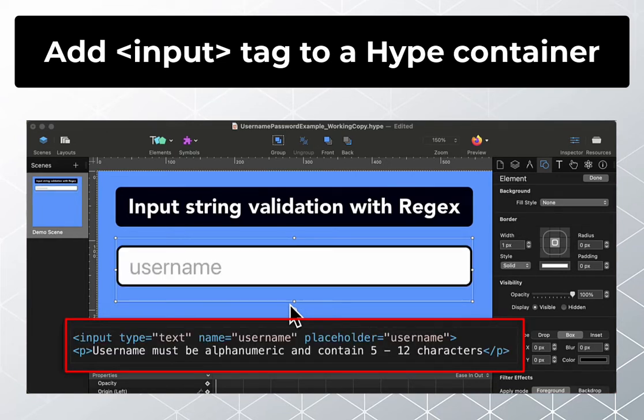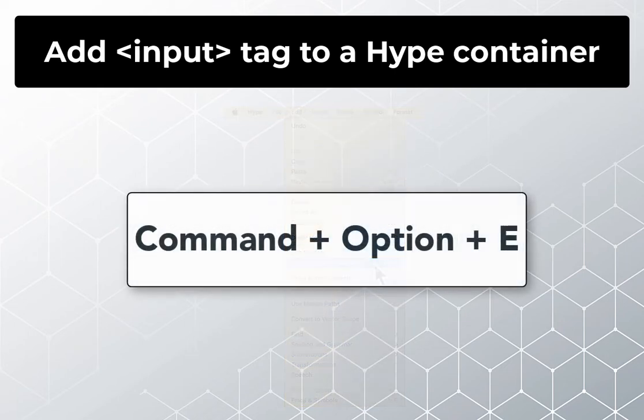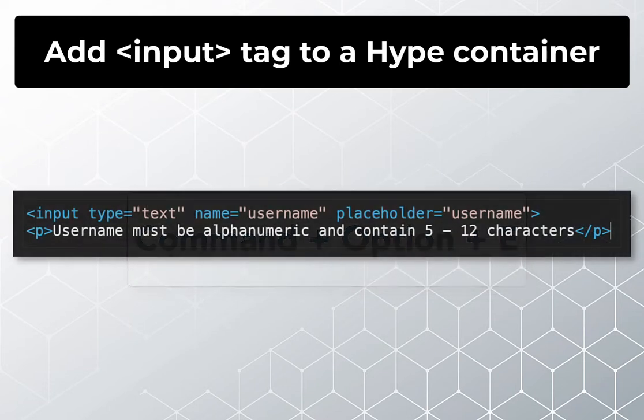The other ways you can access this inner HTML dialog are from the Edit menu, using the option labeled Edit Elements Inner HTML, or by using the keyboard shortcut Command, Option, E. You can see how this code includes both the input tag to set up the text field and some explanatory text enclosed between a pair of p tags.